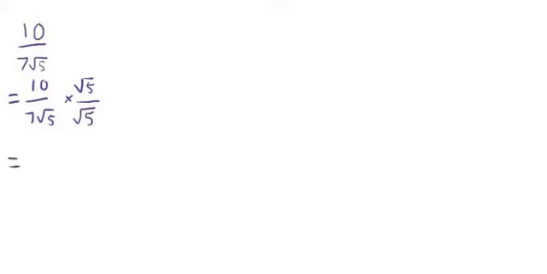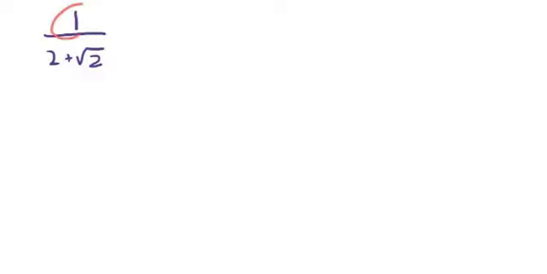So this will be 10 root 5 over, so again, root 5 times root 5 is root 25, but root 25 equals 5, so we just get 7 times 5, 35 obviously. And you can divide this 10 root 5 over 35 by 5, so we'll get 2 root 5 over 7 as the answer to this question.